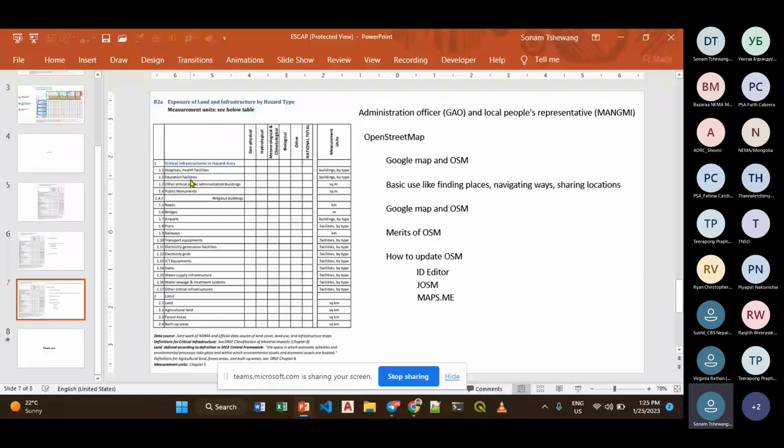So when they team up, we can improve and update the map. We not only update the critical infrastructure, but also the names of shops, offices, tourist destinations, so that the map becomes useful to the general public for other purposes. Yeah, that's what we are doing.